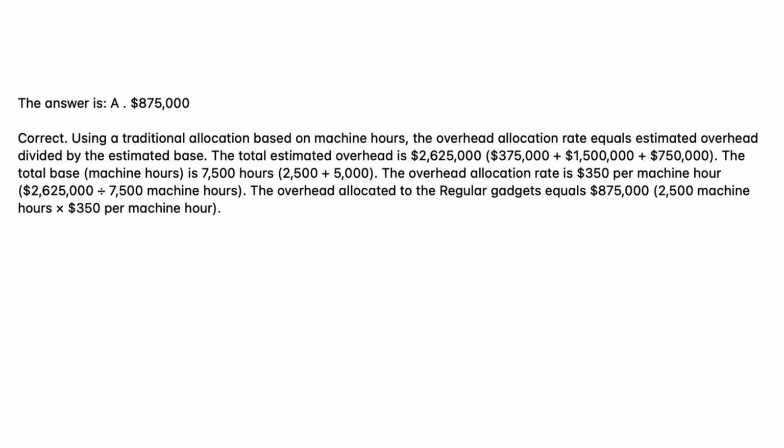The total base, machine hours, is 7,500 hours, 2,500 plus 5,000. The overhead allocation rate is $350 per machine hour, $2,625,000 divided by 7,500 machine hours. The overhead allocated to the regular gadgets equals $875,000, 2,500 machine hours times $350 per machine hour.